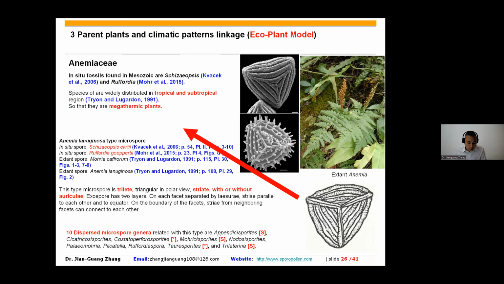By reading the literature, we know the species of this family are widely distributed in tropical and subtropical regions, so they are megathermic plants. The genera are generally hygrophytes and mesophytes, so we know all of the spores related to this family are from megathermic plants and mesophytes.